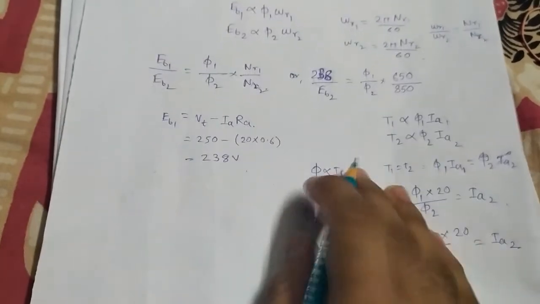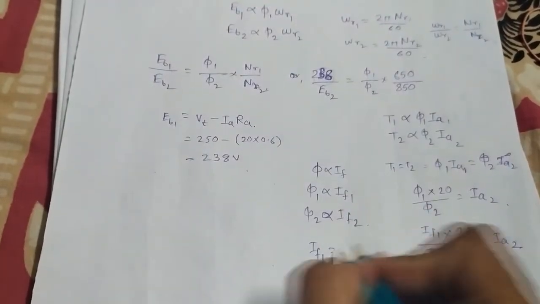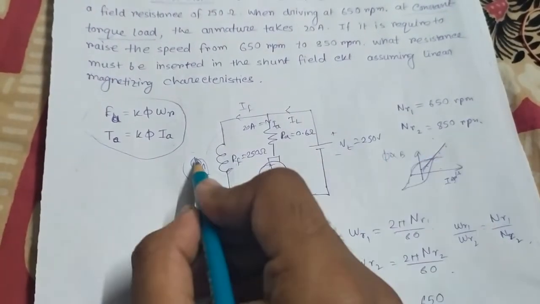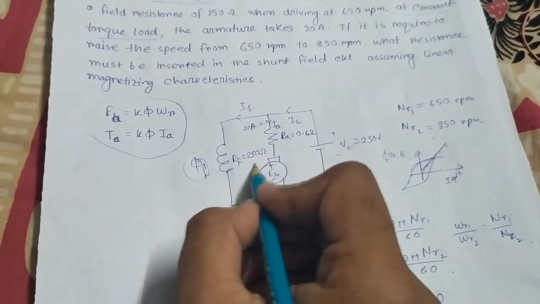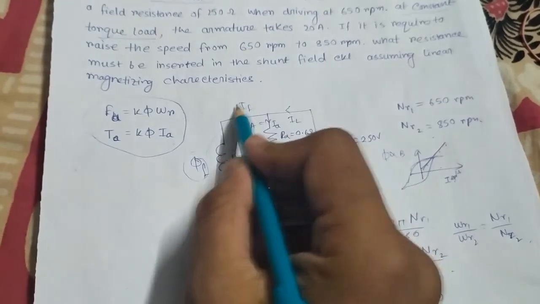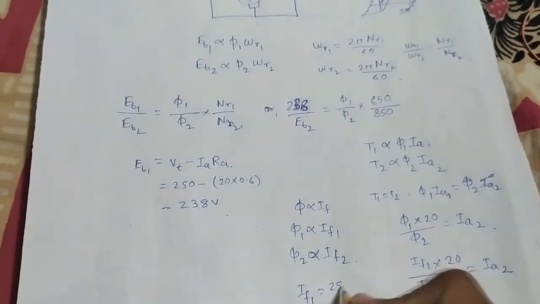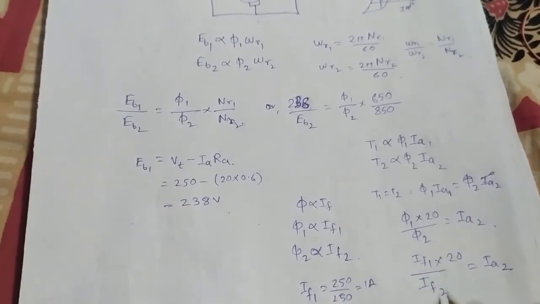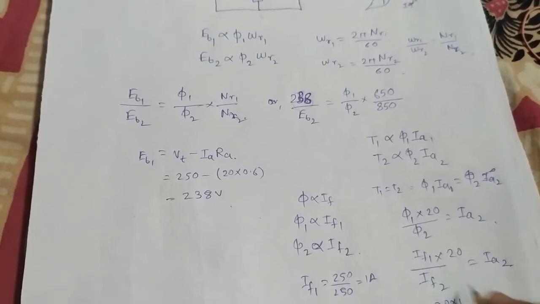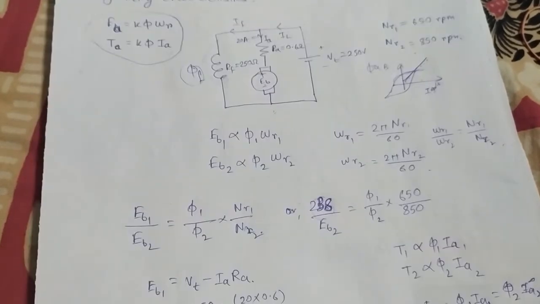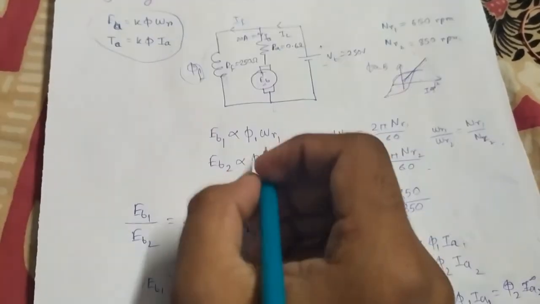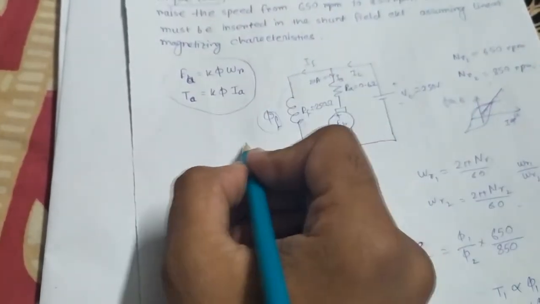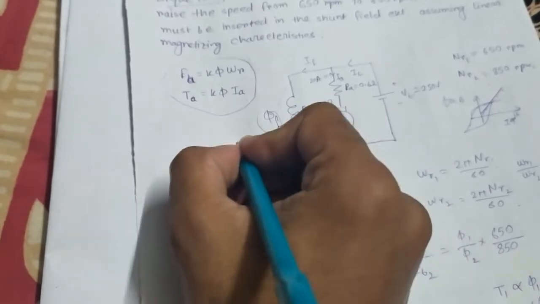So we need the If1 value. What will be the value? See here, the terminal voltage is 250 volt, and 250 volt divided by this resistance 250 ohm will give us the If. So 250 divided by 250 will give us 1 ampere. So If1 value is 1 ampere, that means 20 into 1 divided by If2. For the If2 value we are considering another circuit. Let's take this same circuit, and for the second case the Rf is Rf2, right?